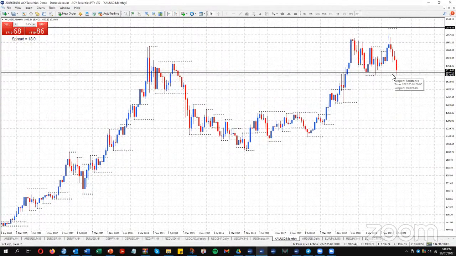on the monthly chart here, we're pulling into this. We missed this double bottom by a couple of points, pips, whatever you call them on gold. I think you call them dollars, don't you?